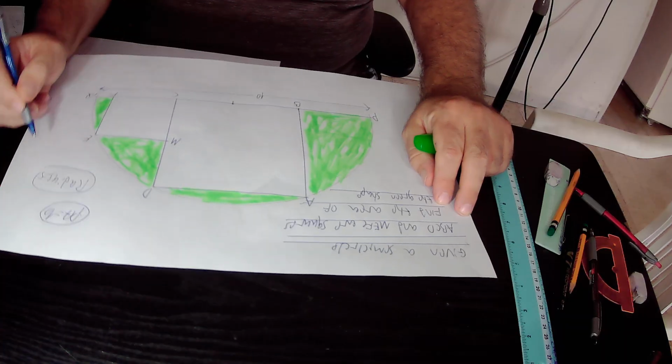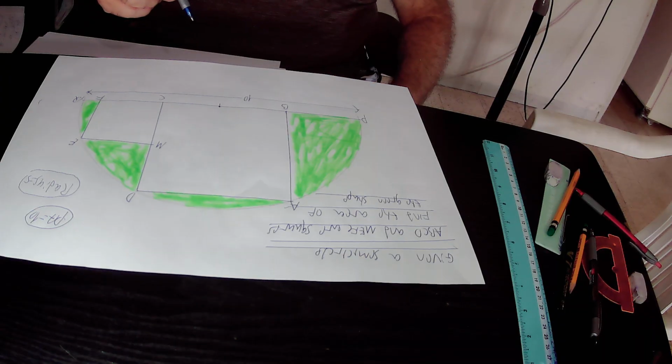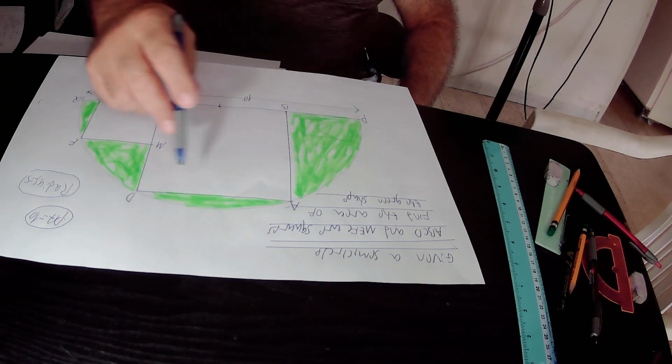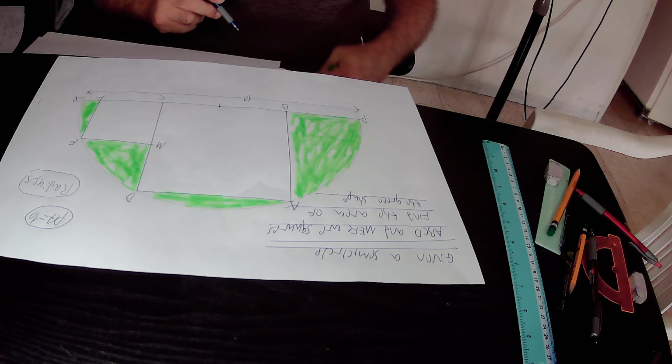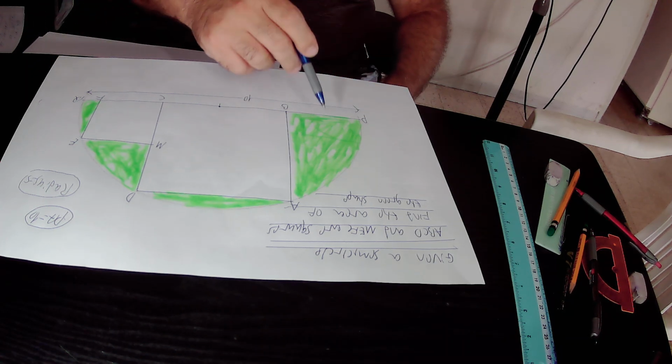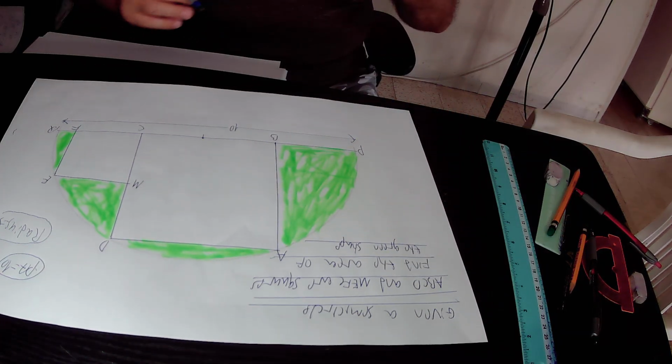In addition, inside this big semicircle, we have the big square ABCD and we have the small square MEFC. Again, our task is to find out the area of this green shape. So first of all, we will define the center of this semicircle.